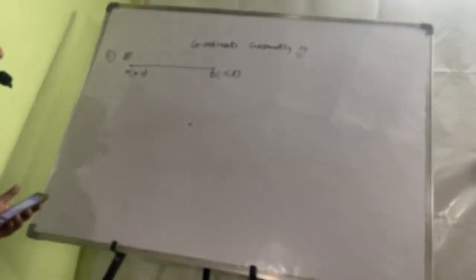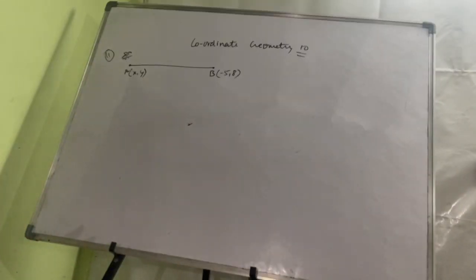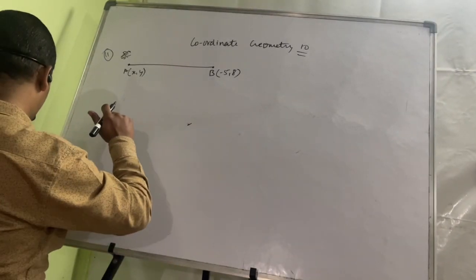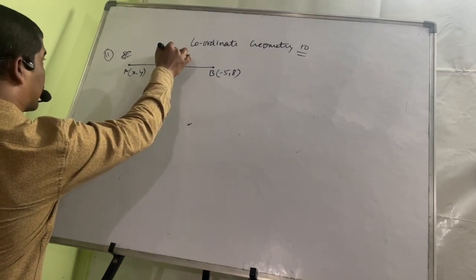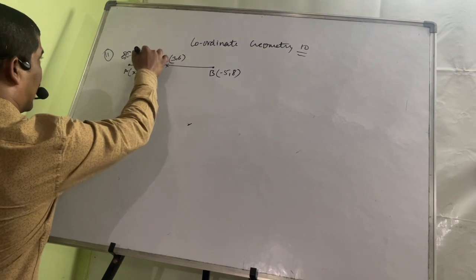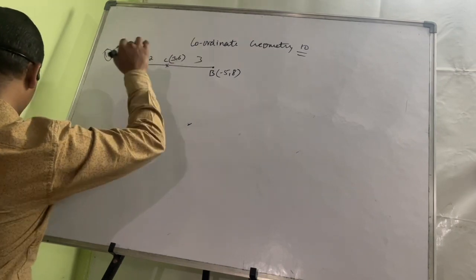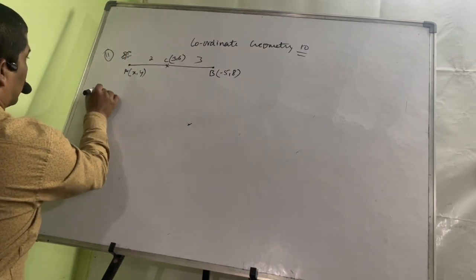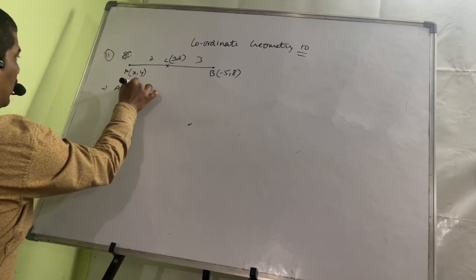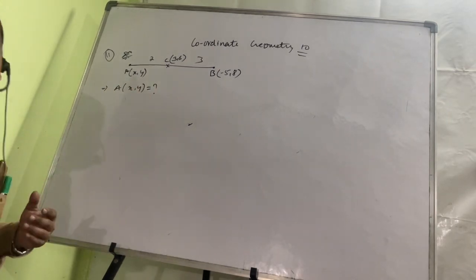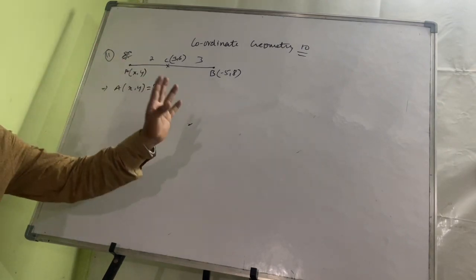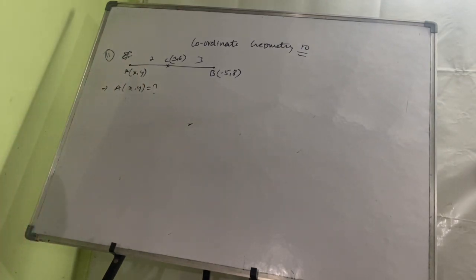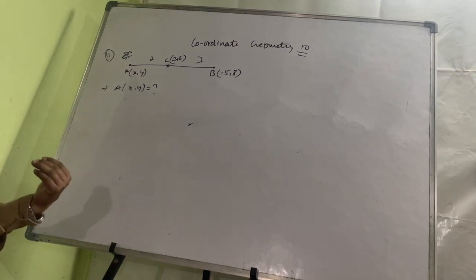They said that this line is divided by C, whose point is also given, 3 comma 6, in the ratio of 2:3. So you should find out A, x comma y. Clear? Earlier, A and B would be given and C you would find out. Now C and B are given, and A we should find out.